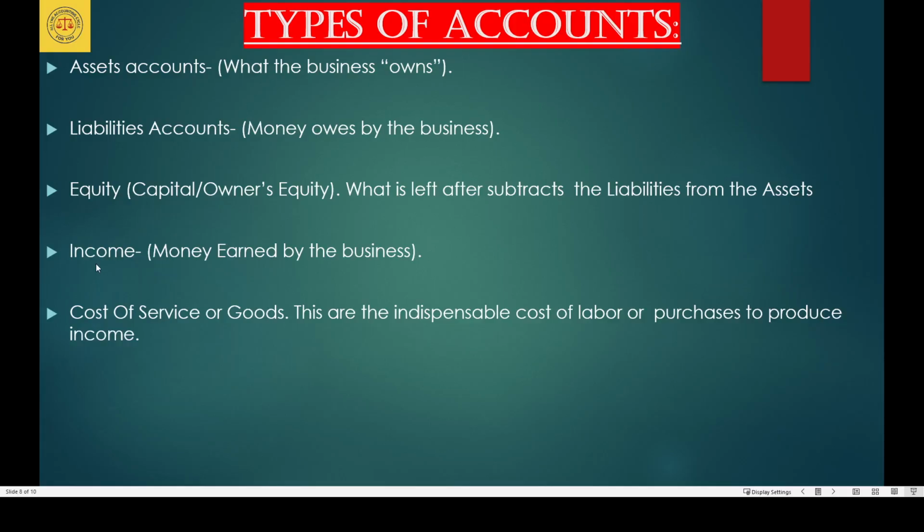If you sell parts, you have to buy parts, so that's related. If your company sells services, probably you provide professional services in different areas, so your cost of service could be hours, it could be internet, it could be many other things, depending on the industry where you are moving. You have to identify which one is going to be your cost, in other words, which one is indispensable to produce the income.